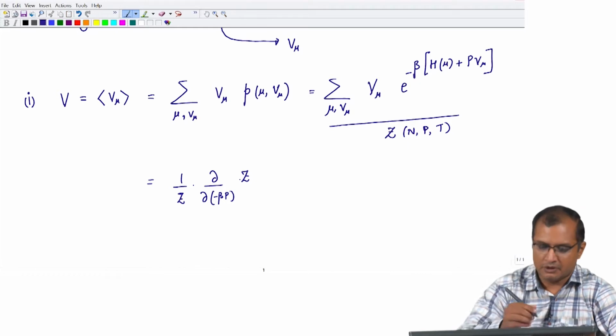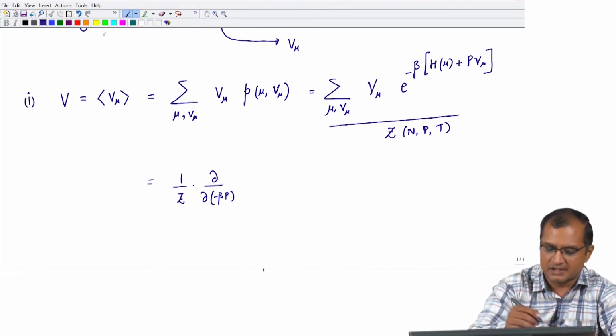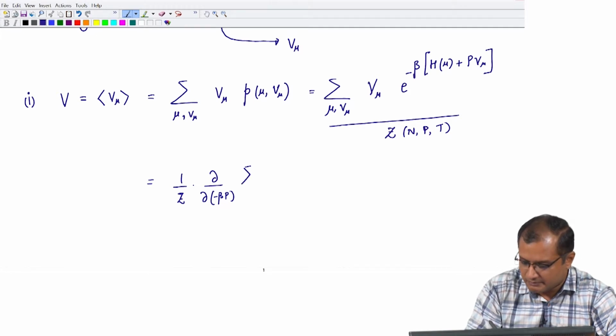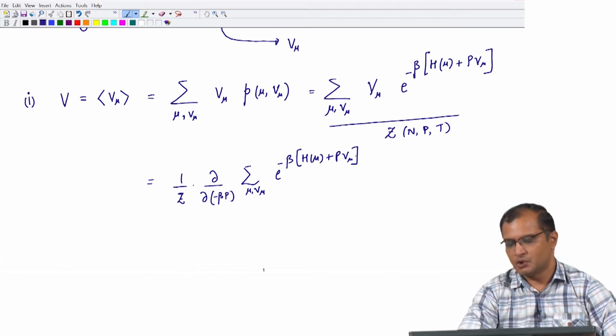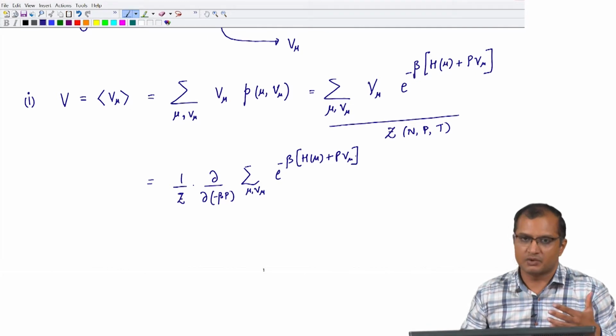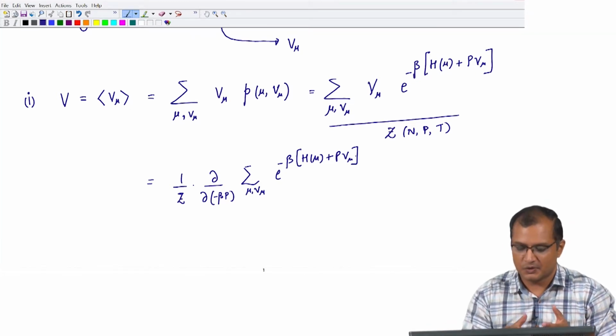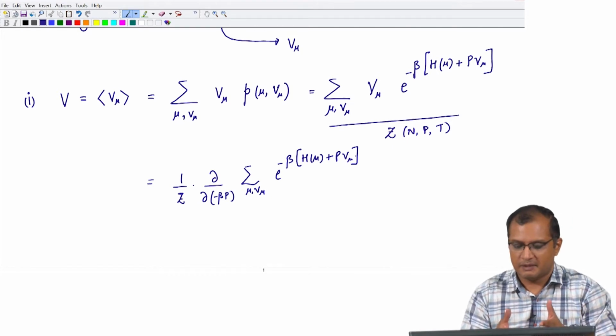Okay. So, if you want to write this in 2 steps, you can do that. This is what you would do. The summation is over all microstates, and for each microstate your pressure is fixed. So, beta and T are anyway fixed, so they are independent of the microstate.